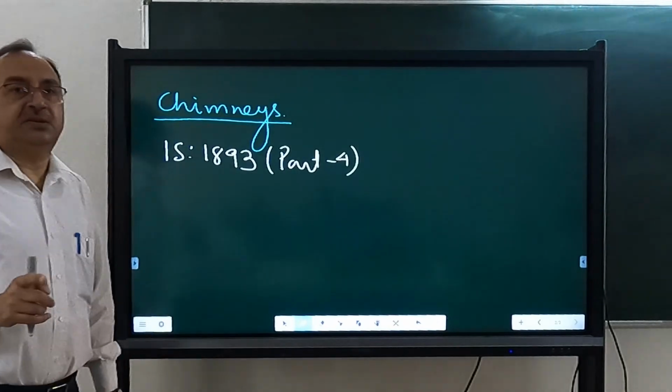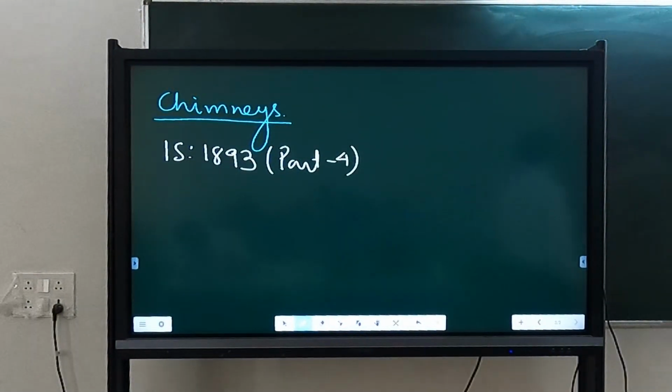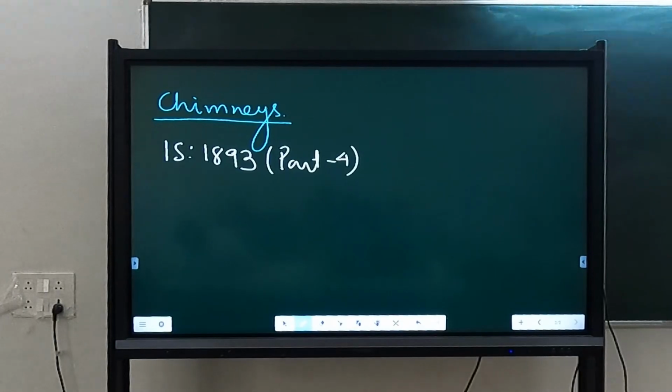That is industrial structures. IS 1893 part 4 also has two parts. The first part is regarding industrial structures, and the second part is regarding stack-like structures. So chimney is one of the stack-like structures.